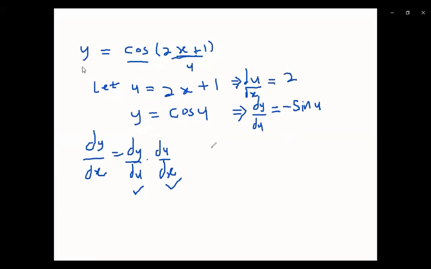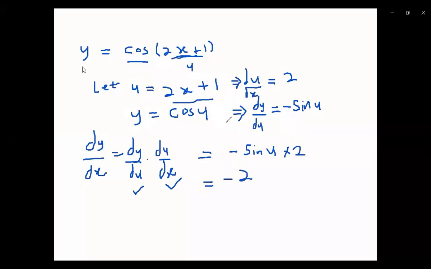So all you do next is multiply dy/du by du/dx. So this will be negative sine u times 2. Then once you are done, you replace the u with the actual value.